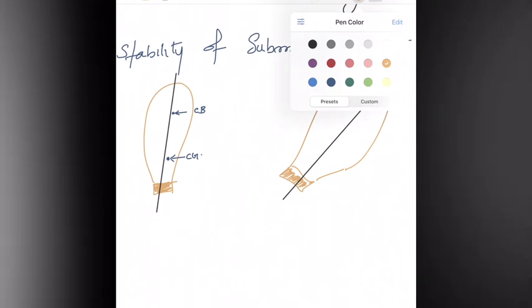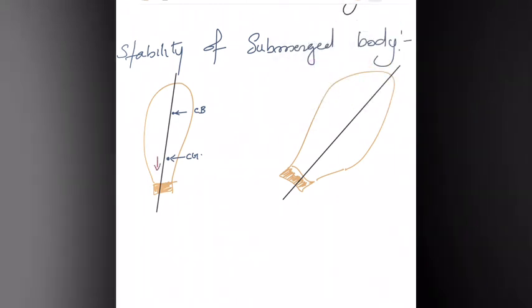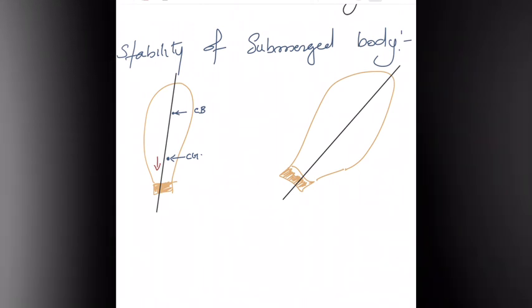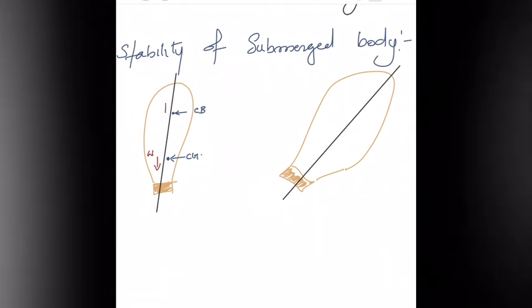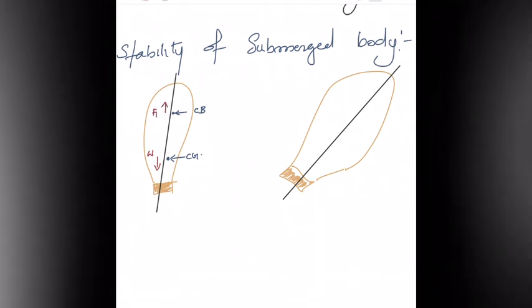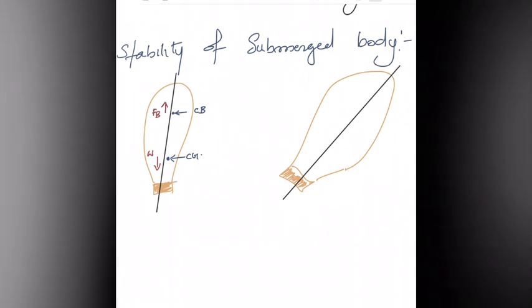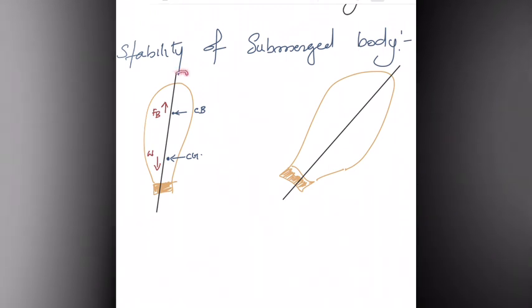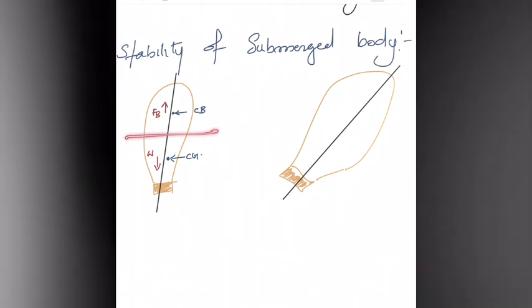Now we all know that through the center of gravity weight acts downwards, and through the center of buoyancy the force of buoyancy, or buoyant force, acts upwards. So this is the first figure, a balloon completely submerged in air. We consider air as a fluid, and the weight is concentrated in the lower part.